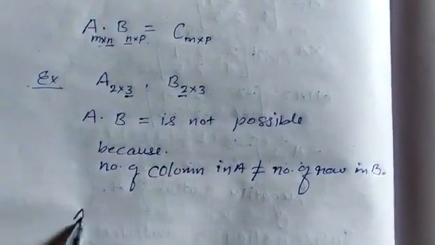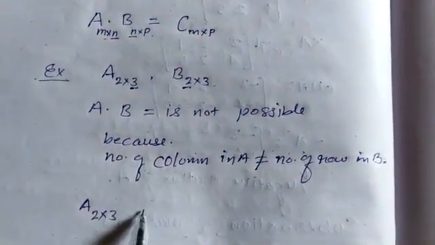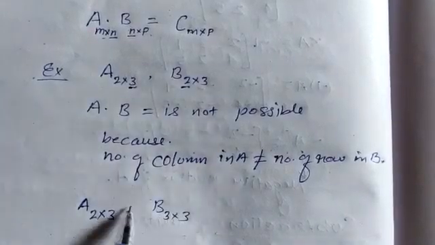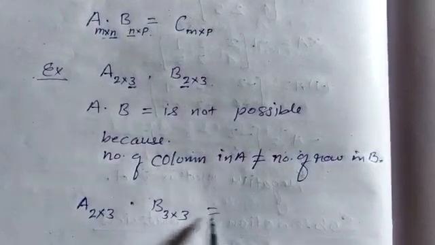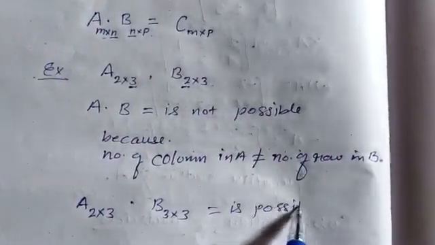If a matrix A of order 2 cross 3 and another matrix B of order 3 cross 3 are given, here multiplication of these two matrices is possible.